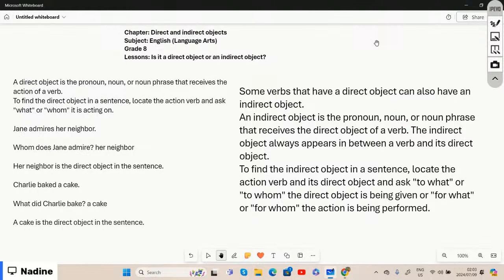The lesson that we are going to be focusing on today under the chapter of direct and indirect objects is: is it a direct object or an indirect object?